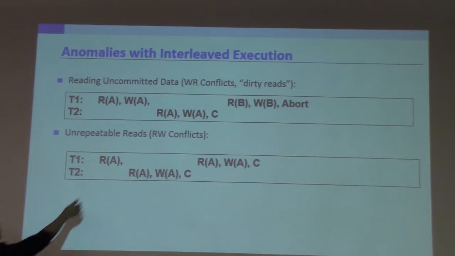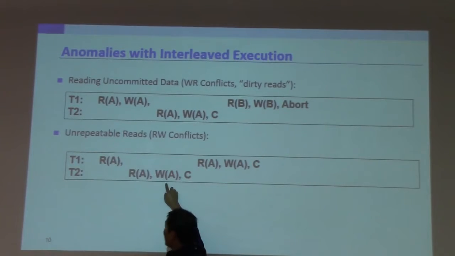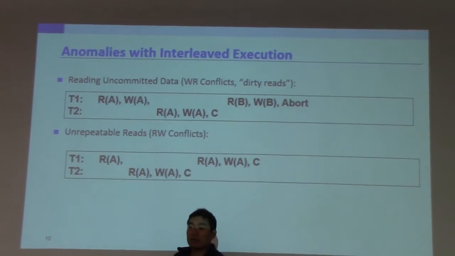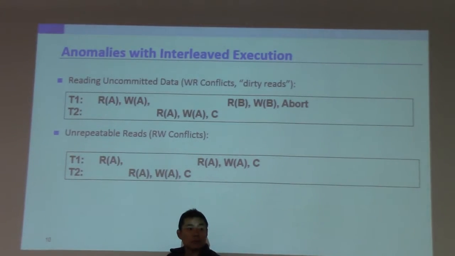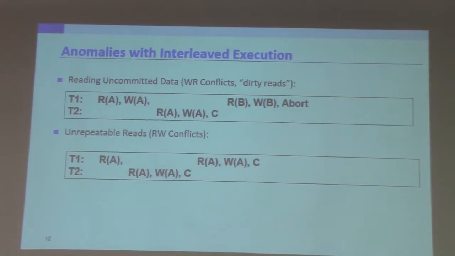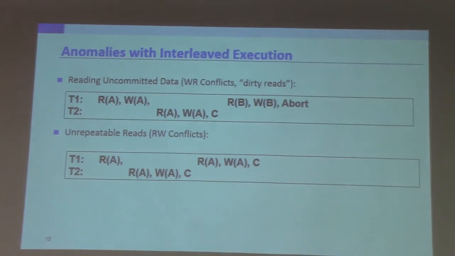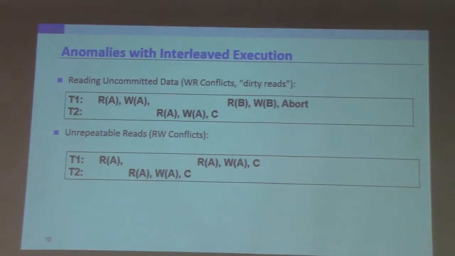So, for example, these two reads on the same object A might have changed values. You follow me? That's why we cannot allow RW conflict, to ensure items read multiple times are not going to change value.